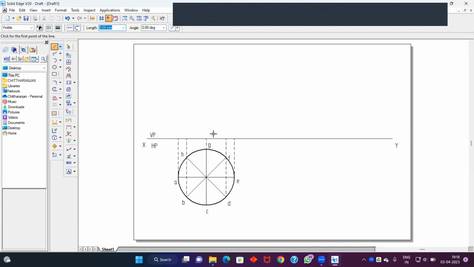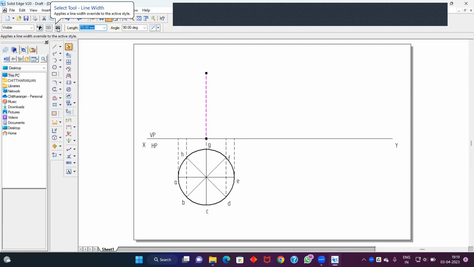Next, draw a 70 mm line at 90 degrees with thickness 0.50 mm. Sorry, it should be a dotted line with thickness 0.25 mm, because it is a circular cone, not a hexagonal cone.